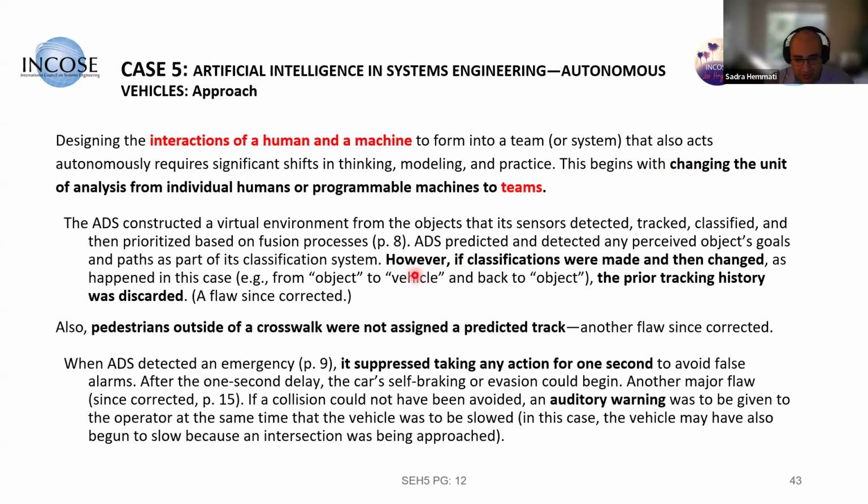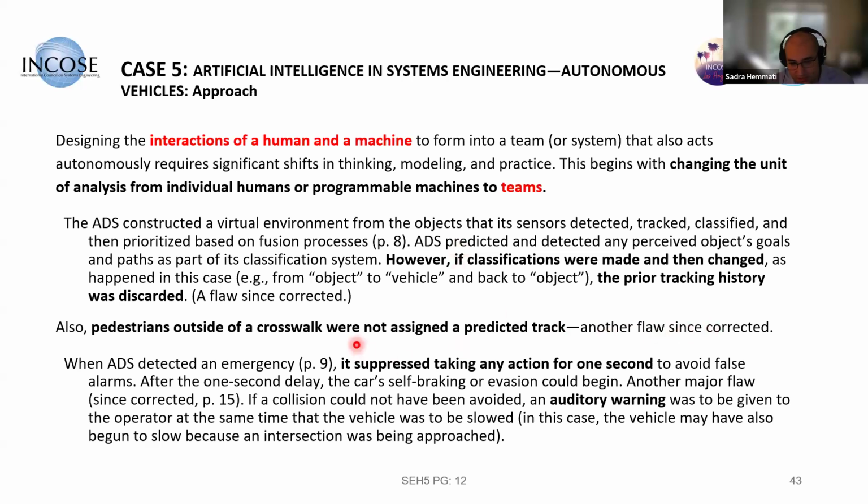So the issue again was that the classifications of the object went back and forth between multiple things, and the AI could not decide what entity it was looking at. It didn't have a predicted track, which was another flaw.